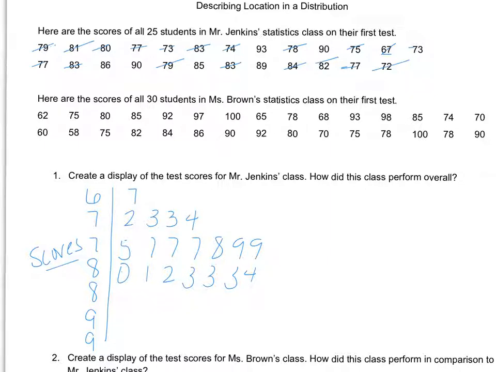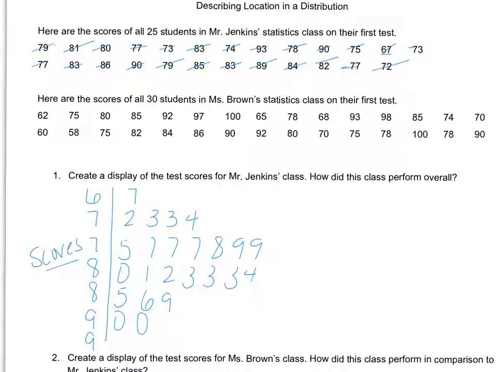All right, then I have 85, 86, and 89. I have 90, 93, there should be two 90s, 93, and that should be everybody, so it's 25.